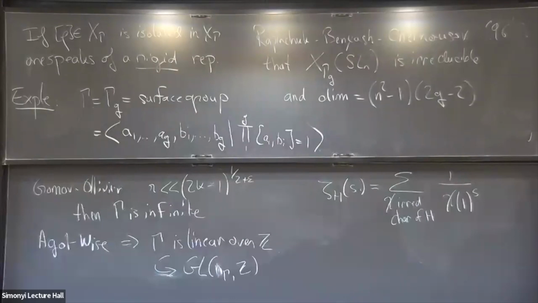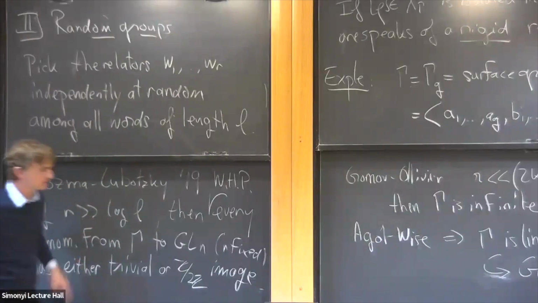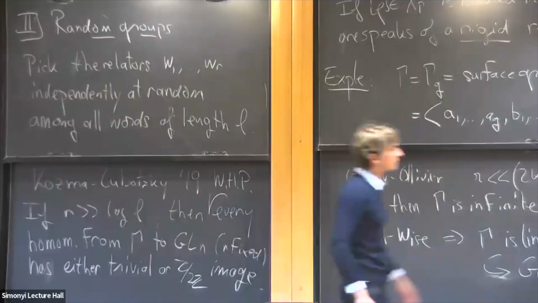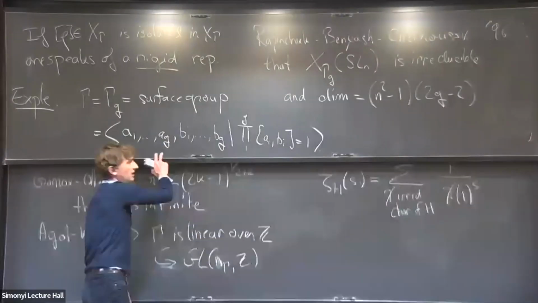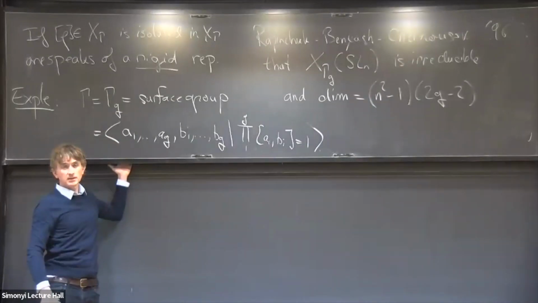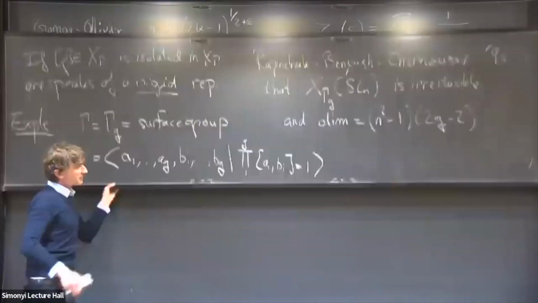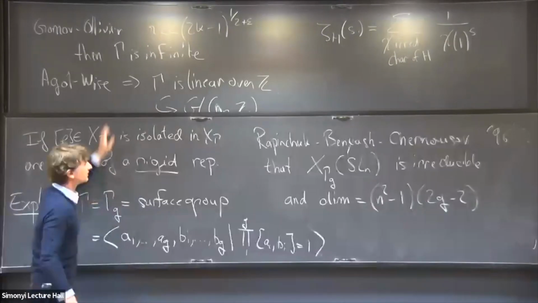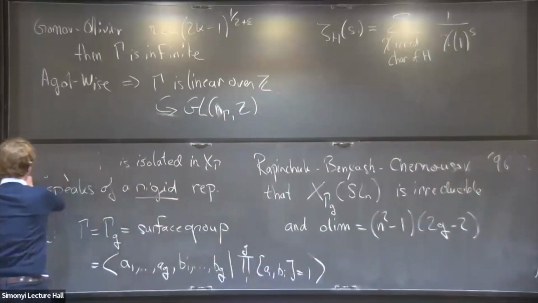The fact that it's not interesting only happens because they take too many relators. It's interesting that if you take fewer relators, then you get something, some interesting algebraic structure. So let's talk about that.